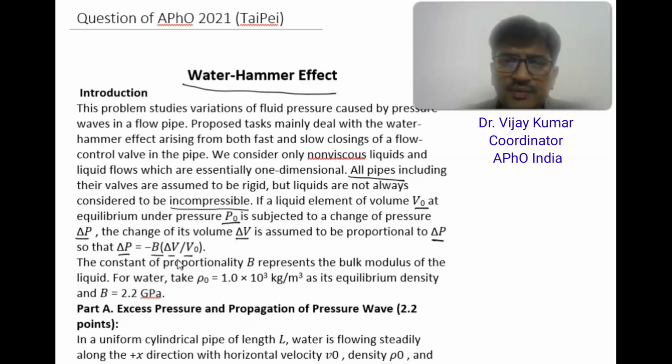For water, take rho naught, the density, as 1 into 10 to the power 3 kilogram per meter cube at its equilibrium density, and B is 2.2 GPascal.